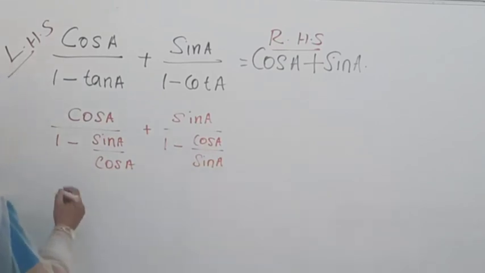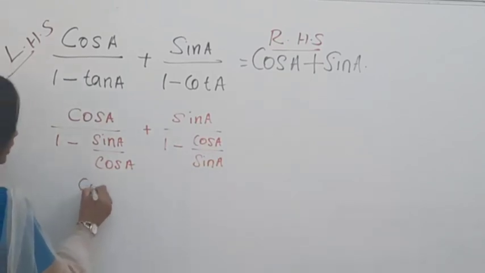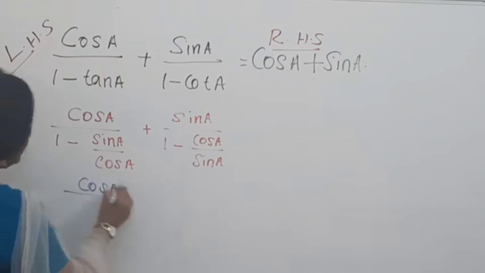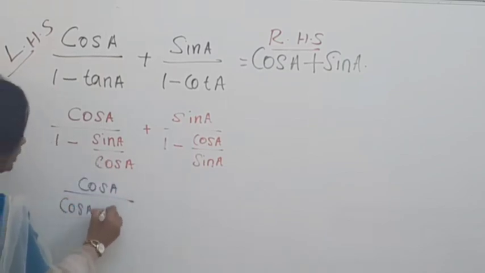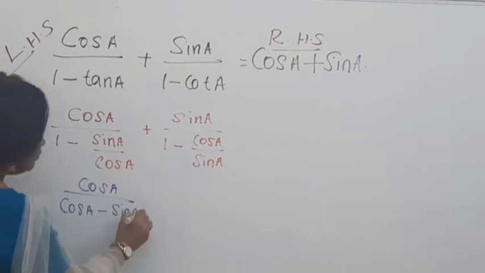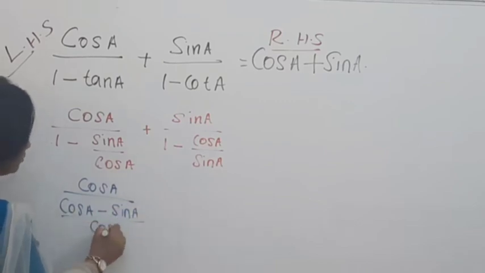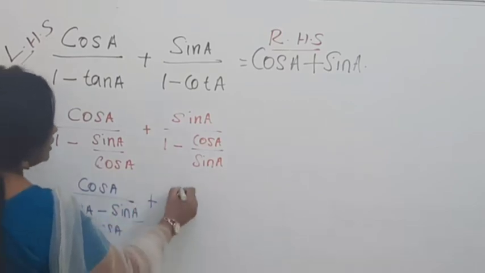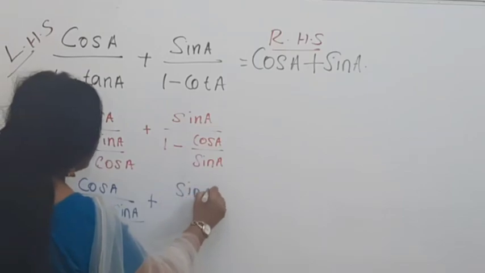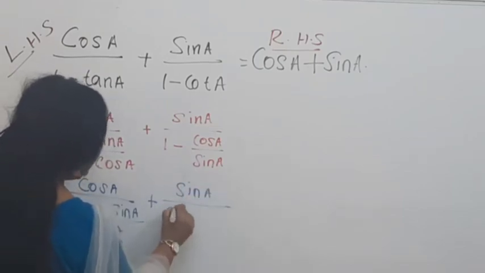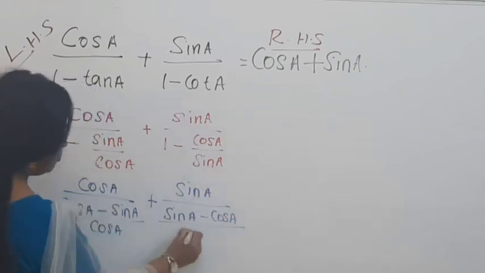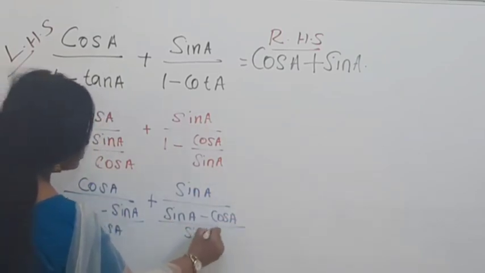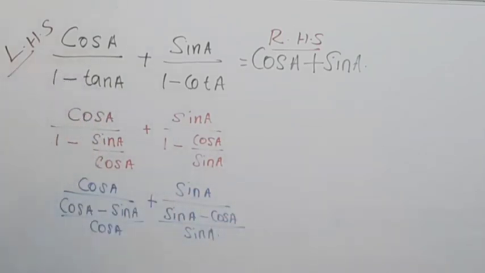Now taking the LCM: cos A divided by cos A minus sin A over cos A, plus sin A divided by sin A minus cos A over sin A. Hope you get the point.